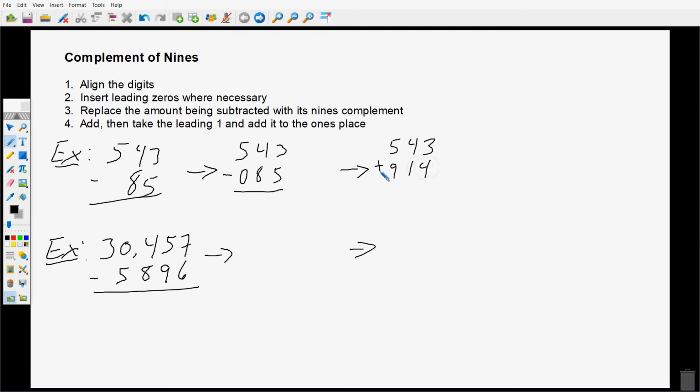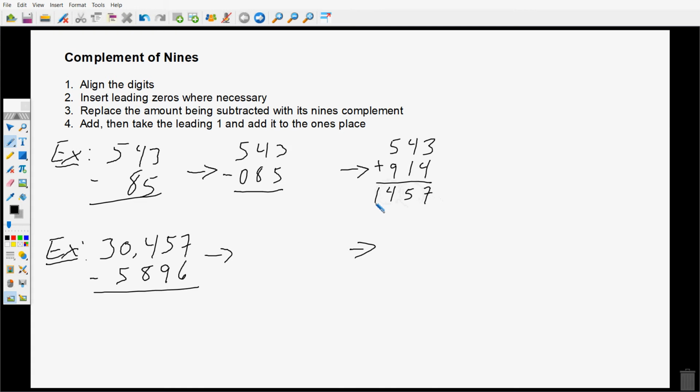And now it becomes addition. The next step says just add normally. And when you add, you're always going to end up with this 1 in front.